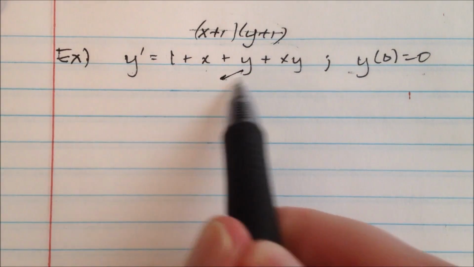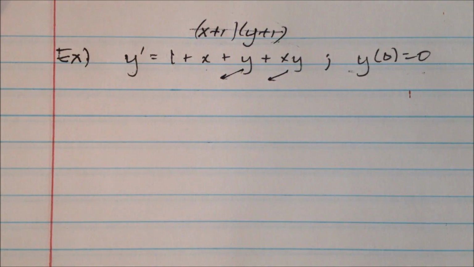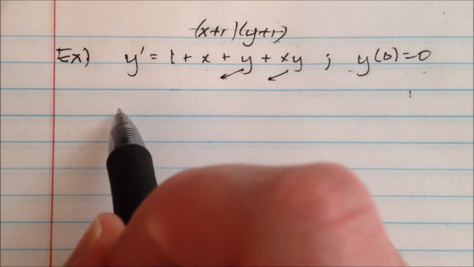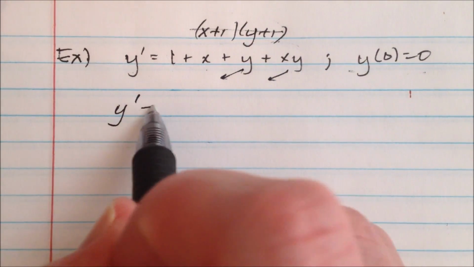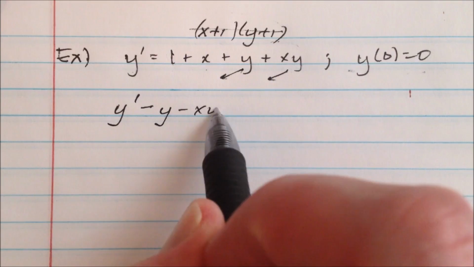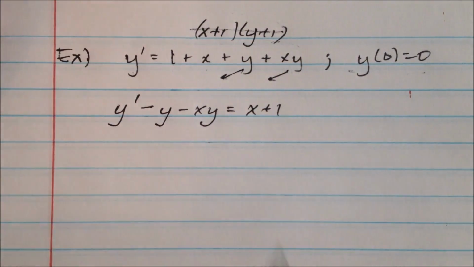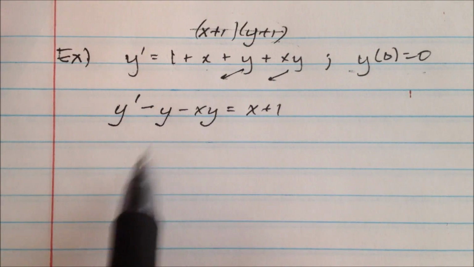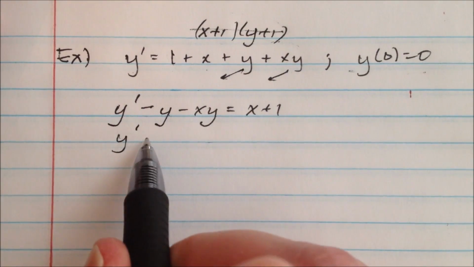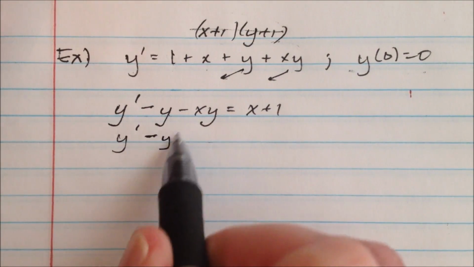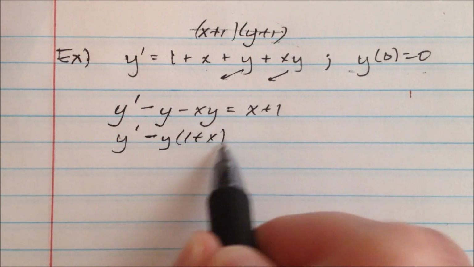And how about we just bring the two things that have y over to the left side? So I have y prime minus y minus xy equals, we'll say, x plus 1. Okay, well the y needs to be by itself over here, so it looks like I can factor out a negative y, and I'll have 1 plus x.